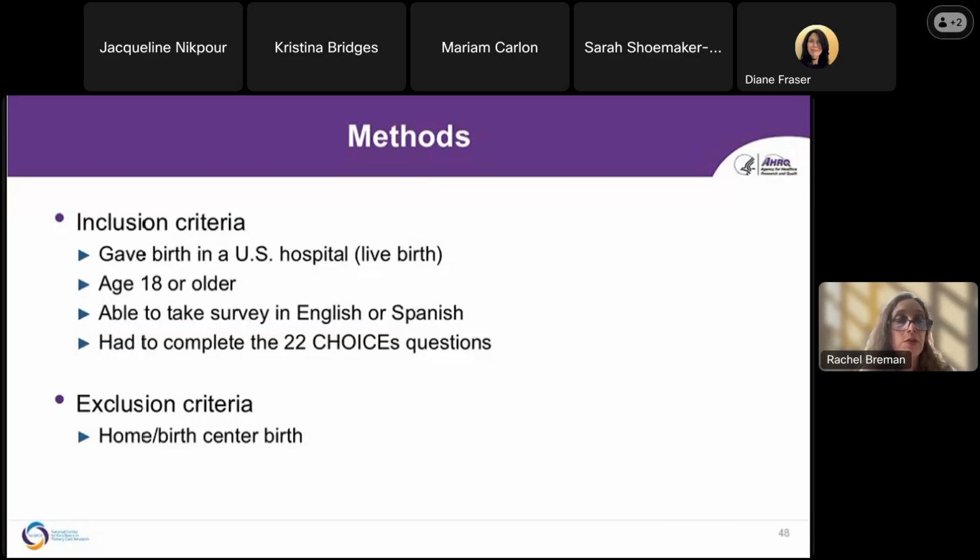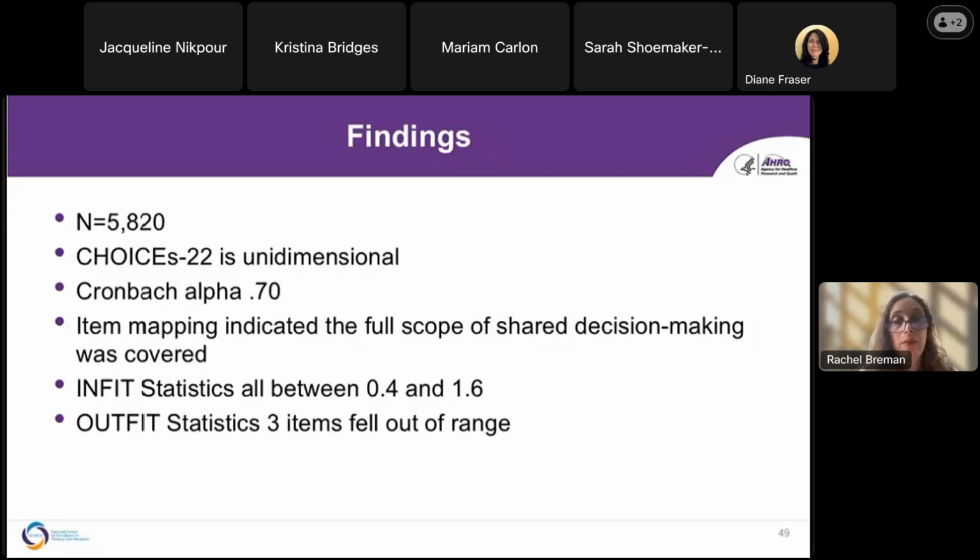Exclusion criteria were primarily home birth or birth center birth. Thankfully, we didn't have anybody say they had a stillbirth or a fetal death prior to giving birth. You can go to the next slide. So we completed the survey, and we have an N of 5,820.